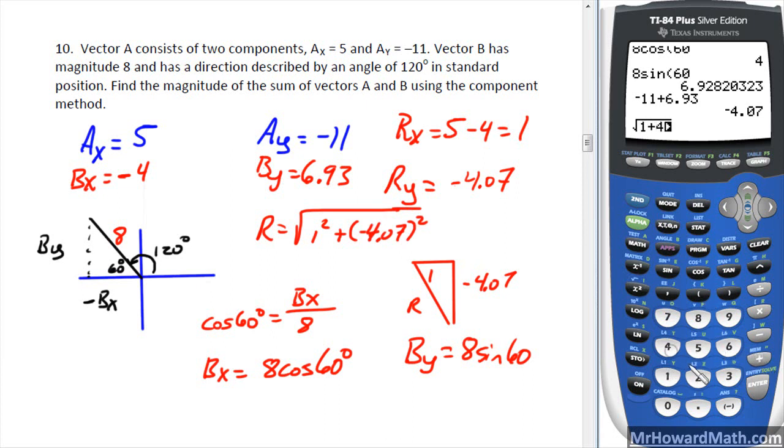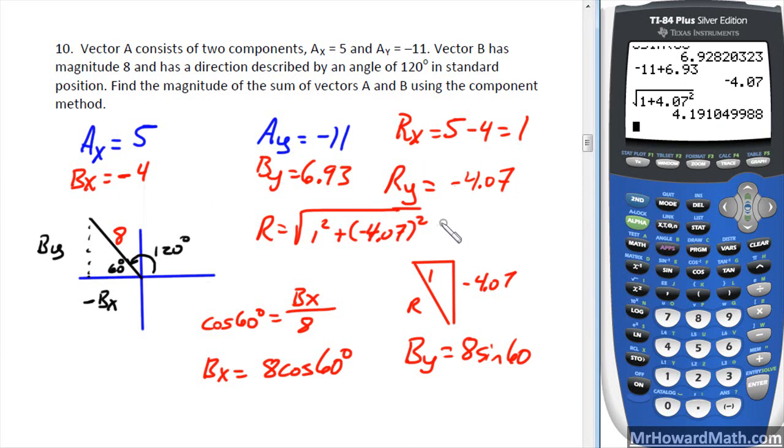It doesn't matter if I make that negative, I'm just going to keep it positive to make it faster. That gives us 4.19 for the resultant magnitude, and that's actually all that they ask for. They don't ask for an angle there, so we're going to stop right there. 4.19 is the answer. We found the magnitude of that resultant vector using the component method.